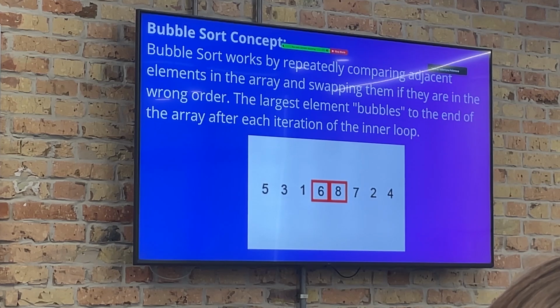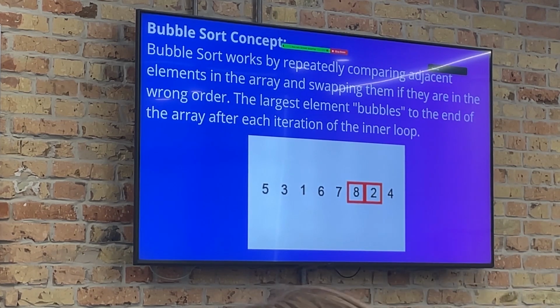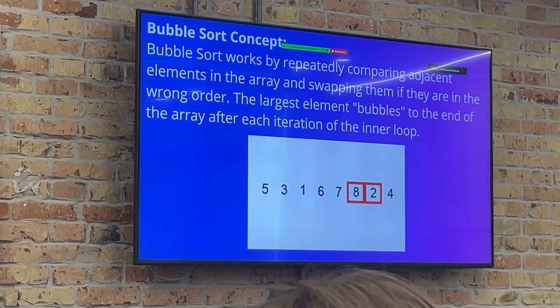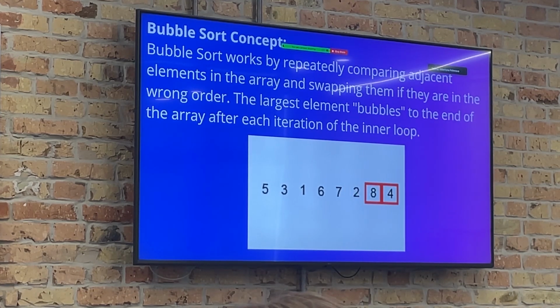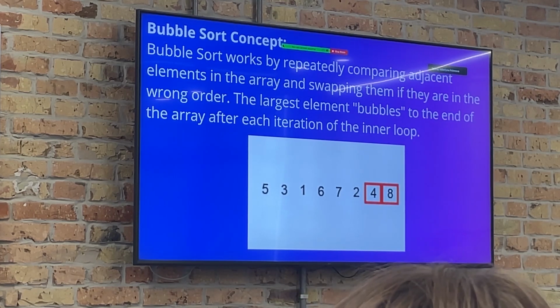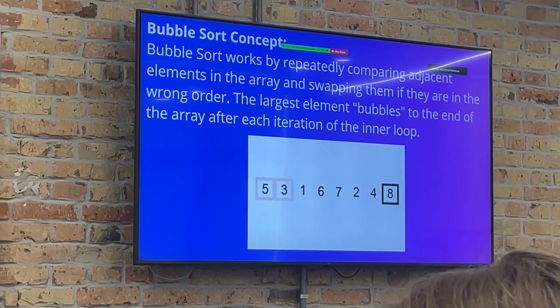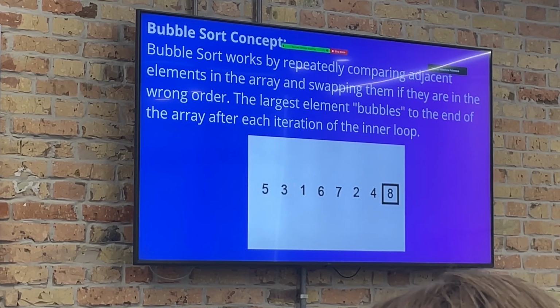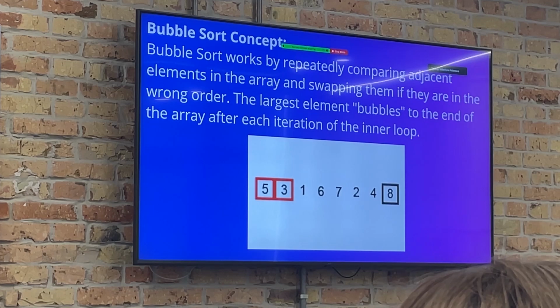At the end of this iteration, we will have the highest element at the end, so it will be in the right position. We change again, and 8 will be in the right position. So we have one element in the right position. And then we start again. So this is the logic of the bubble sort.